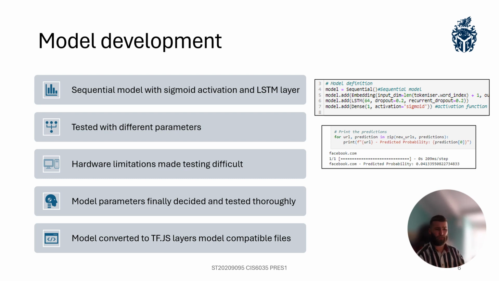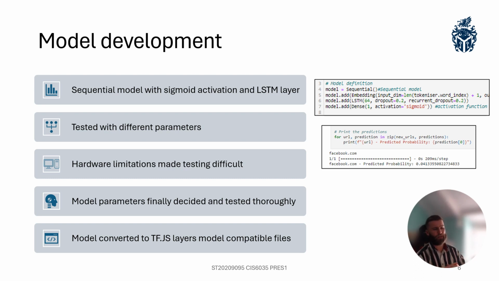When testing, though, we did come across a few limitations, a few errors with the hardware that we tested the model on. The processing was quite slow and was peaking out at 100%. So this gave us a few limitations for actually training the model itself.